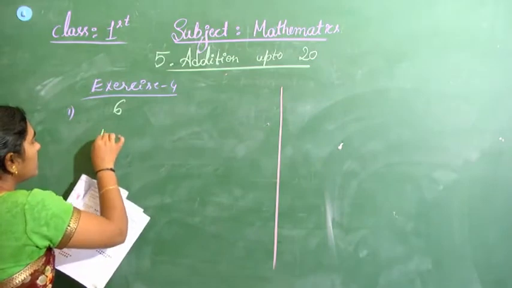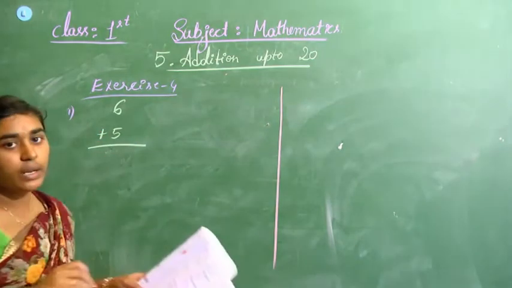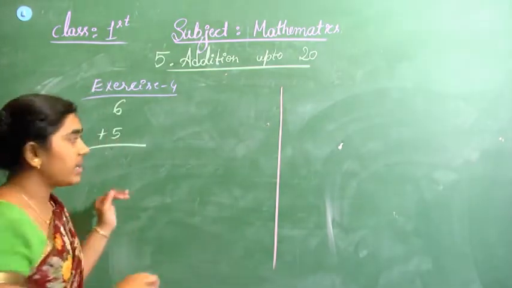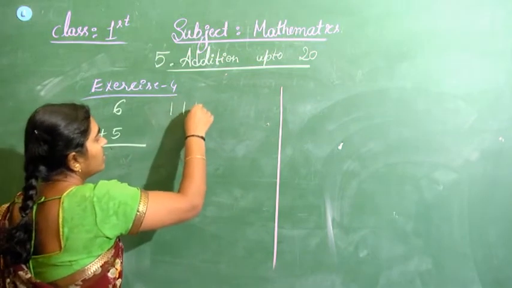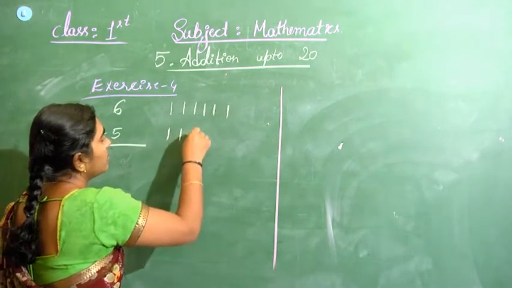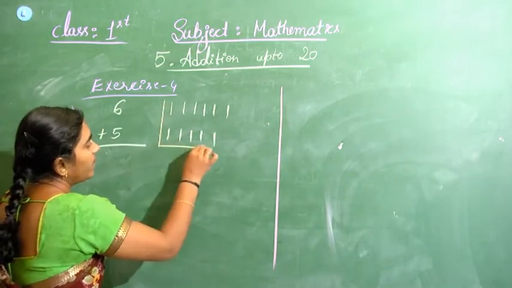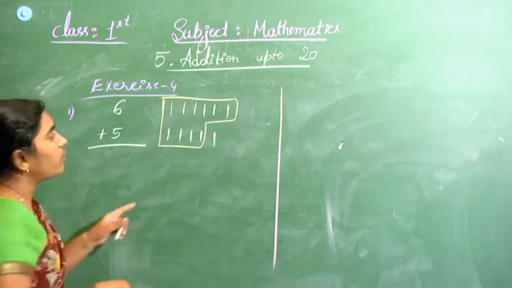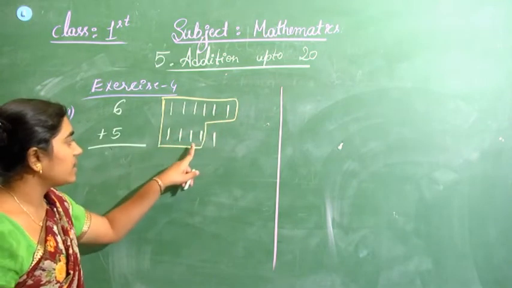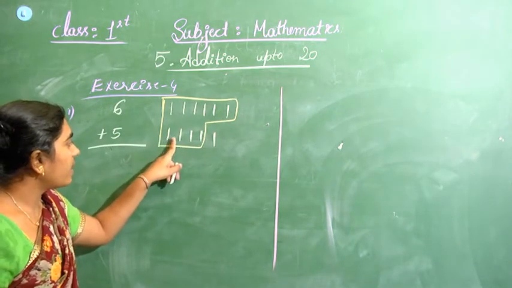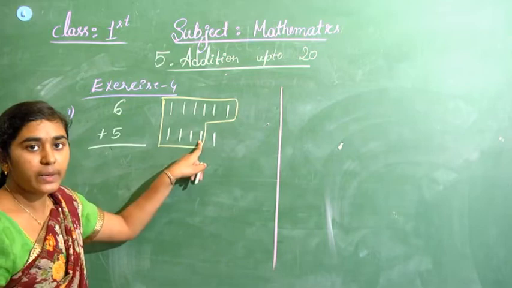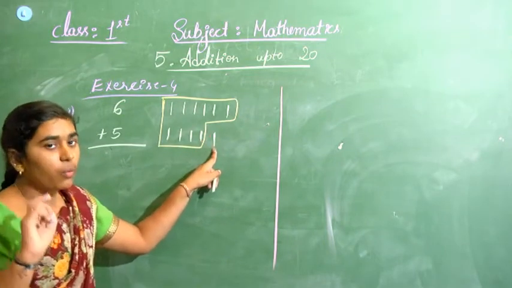Same, 6 plus 5. Here also you need to draw 6 lines and 5 lines. Now make a bundle. 5 plus 4. Here, so 6 plus 4. 6, 7, 8, 9, 10. It became a bundle of 10 and an extra 1 is there.